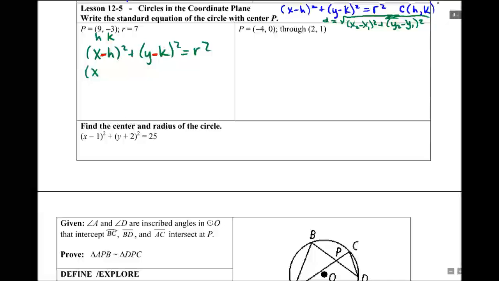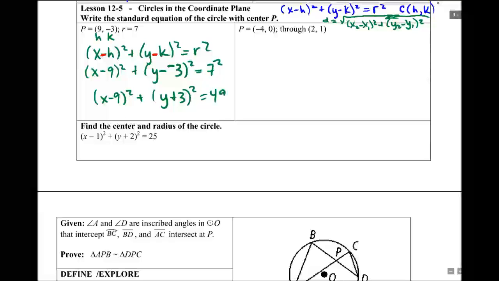So x minus 9, quantity squared, plus y minus k is negative 3 squared, equals 7 squared. Final answer, x minus 9 quantity squared plus y plus 3 quantity squared equals 49. Don't forget to square your r.